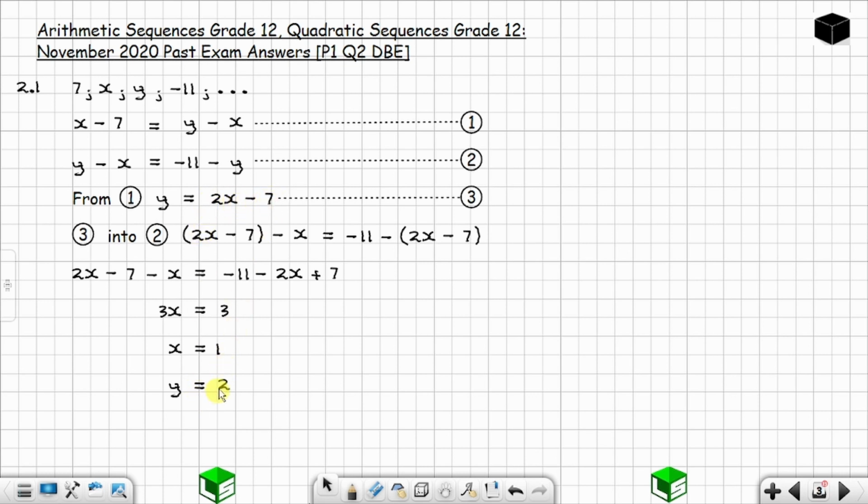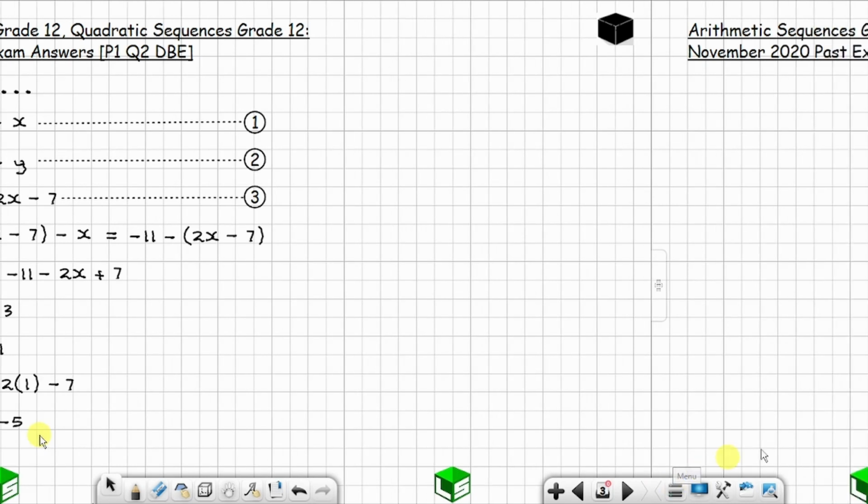So you have 2 times x. What is x? You substitute 1 for x, right? Minus 7. I hope you can see that. And then you have y is equal to, this is 2 minus 7, which is minus 5. I hope you can see that. So x is equal to 1, y is equal to minus 5.